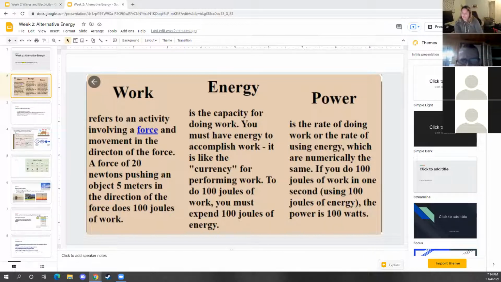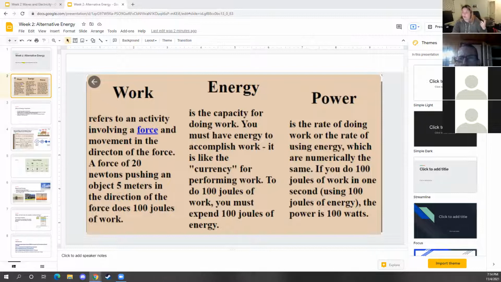The unit for joules, I just looked it up, is kilogram times meters squared over second squared. So 1 joule equals 1 kilogram times meters squared divided by second squared, which I know makes absolutely no sense, but I think it was one of the formulas they talked about.